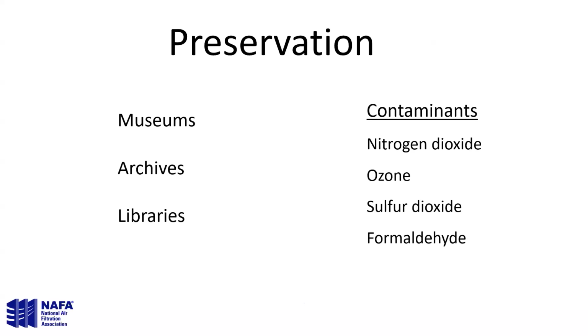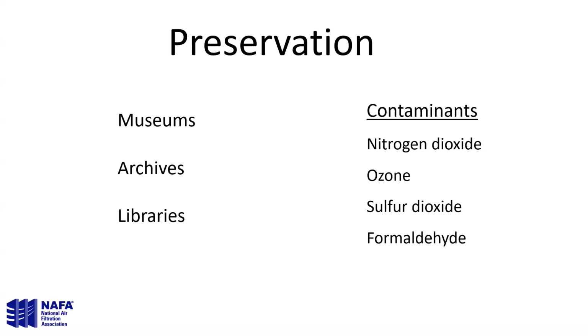And this is something you may see a little more often. Museums, archives, libraries. Almost every major museum and archive, and even many of the major libraries, have gas phase filtration in them.